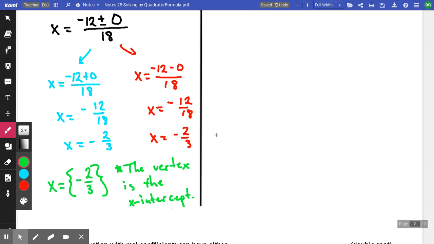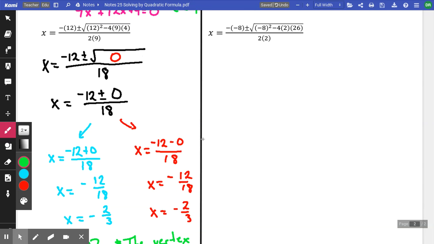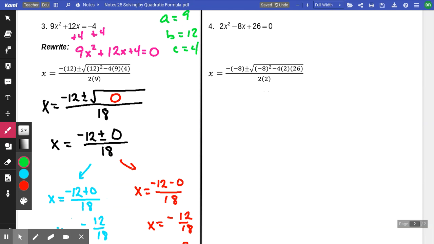And what we haven't talked about in a while is these imaginary solutions that we know should exist because we've discussed imaginary numbers. And so we're going to take a look at number 4 here. You see that it already equals 0. And we can see that A is 2, B is -8, and C is 26.